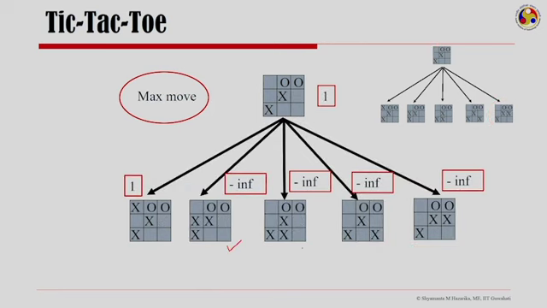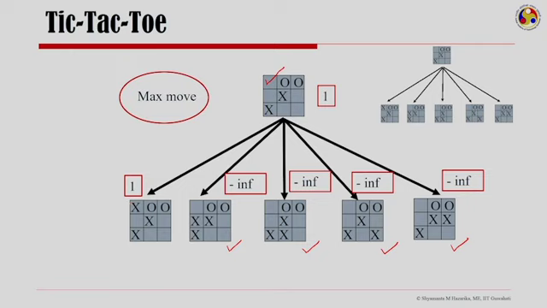This is what I have shown in this slide, the backed up values for each of them based on Min's next move. The only possibility of Min not winning is when I close this position in my next move, and that gives me an evaluated value of 1.